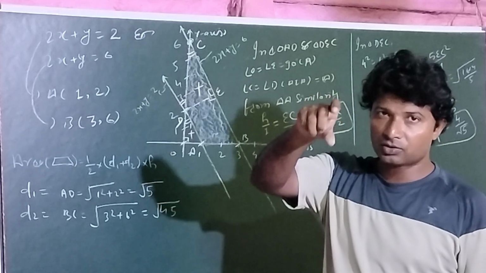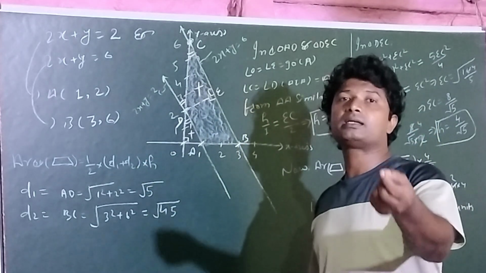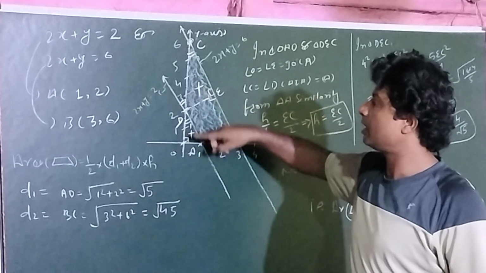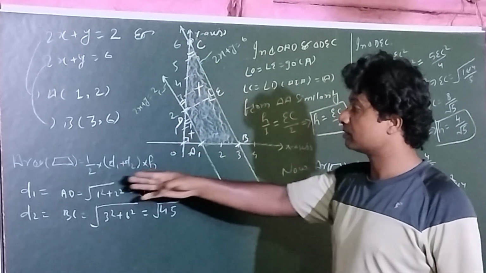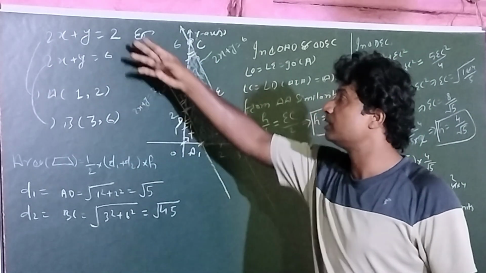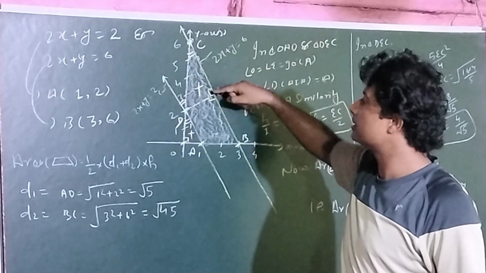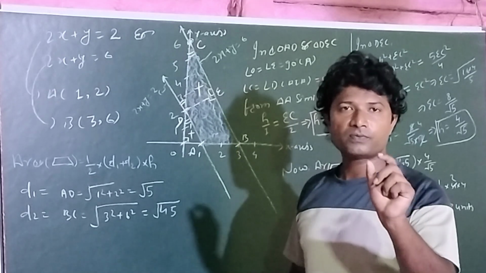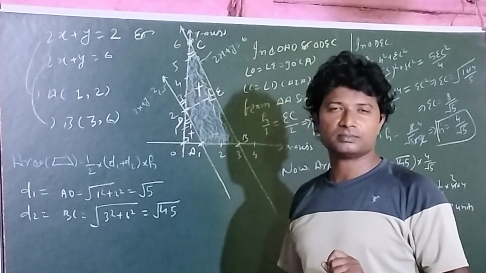When you draw the graph, you get a trapezium. I have drawn a graph of these two equations and we get the trapezium. The question asks you to find the area of the trapezium.